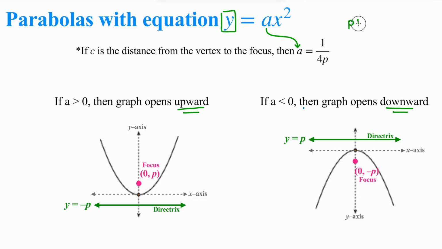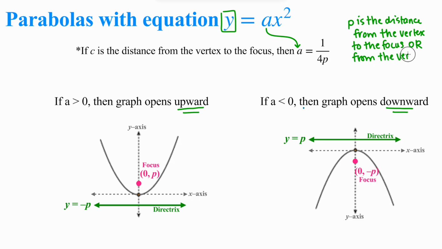In this case, P is the distance from the vertex to the focus, or from the vertex to the directrix.